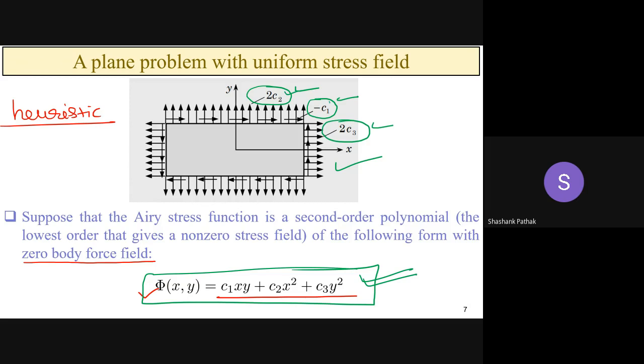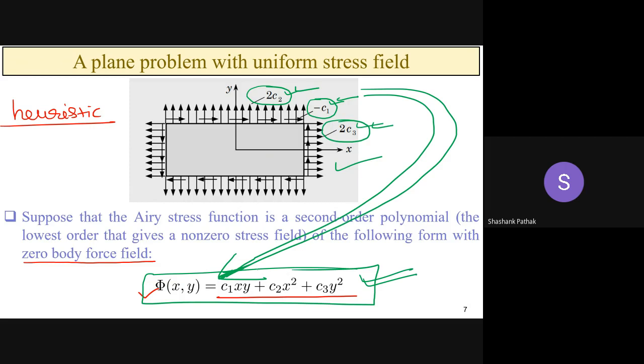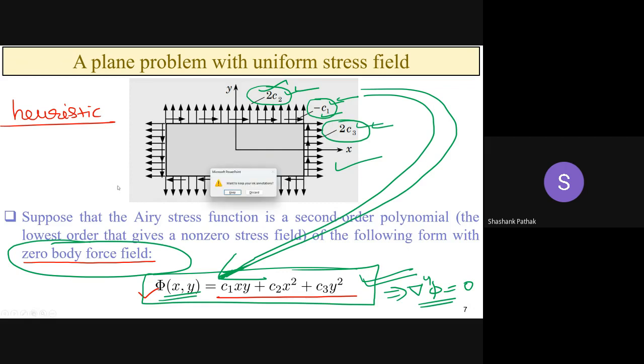These values of the three stresses you have calculated from this Airy stress function, so these two are linked. These were not arbitrary. They were coming from this Airy stress function, and it satisfies the basic condition, which is true only when your body forces are 0. Okay. So that was a small lecture on Airy stress function.